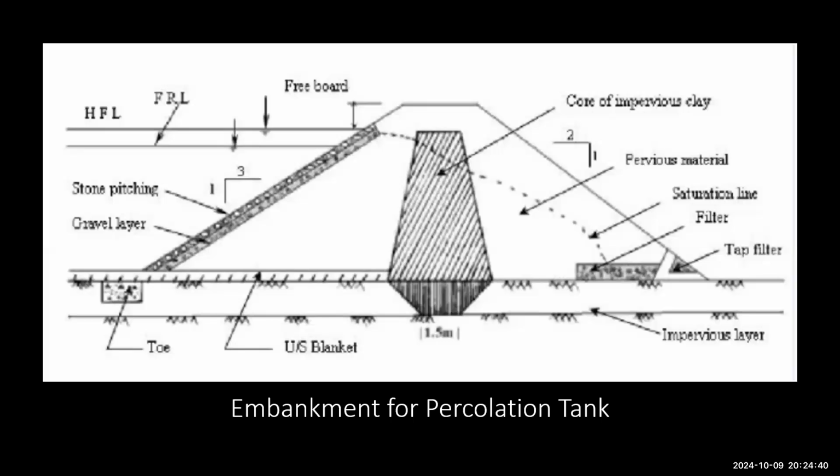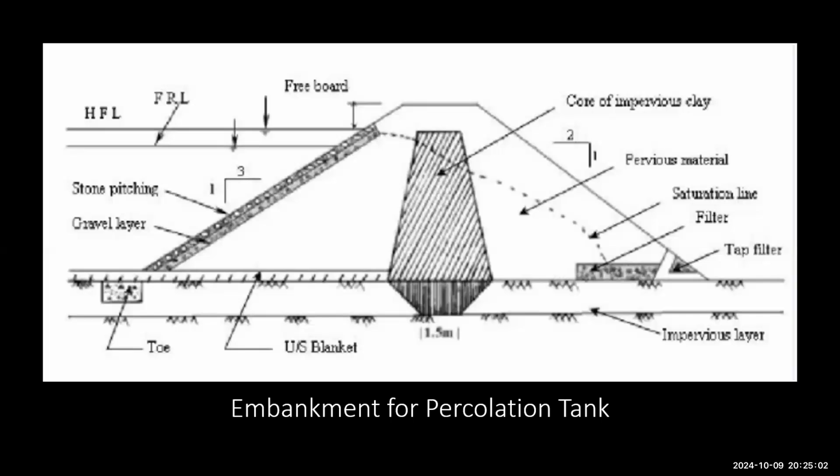Now this embankment is an earthen embankment. So when the water is stored against this earthen embankment, seepage of water always takes place. In order to check the seepage of water through the earthen embankment, this inner core is placed, which consists of impervious material like clay.